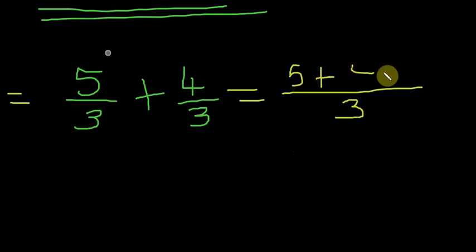5 plus 4, because 3 in there it's 1, 3 and 4 it's 1. Why did I do that?